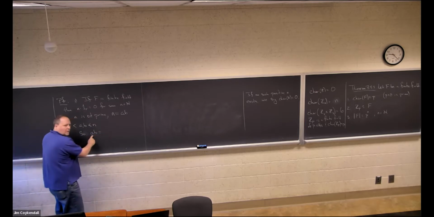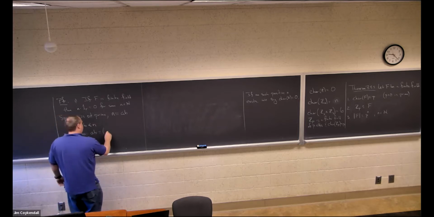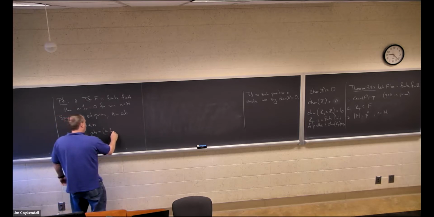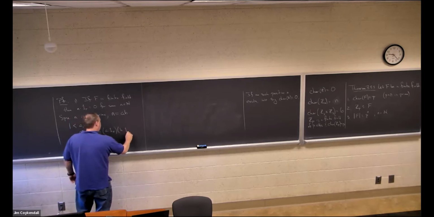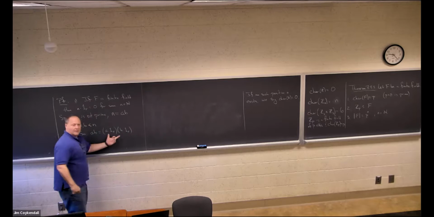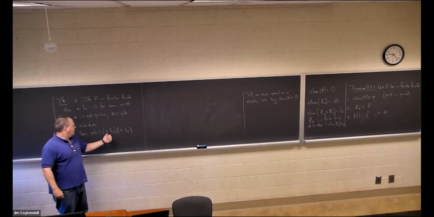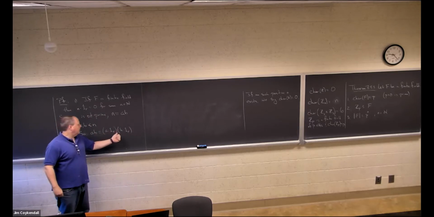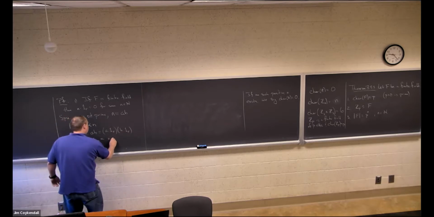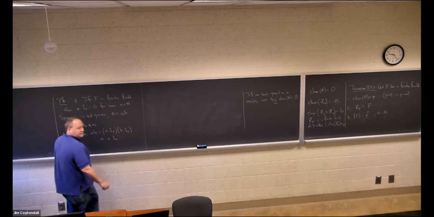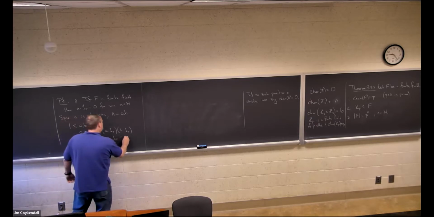But here, what do I mean by AB? I really mean A times 1F. I just mean add 1 to itself A times, add 1 to itself B times, and add them up. This is the same thing as n times 1F, which is 0.